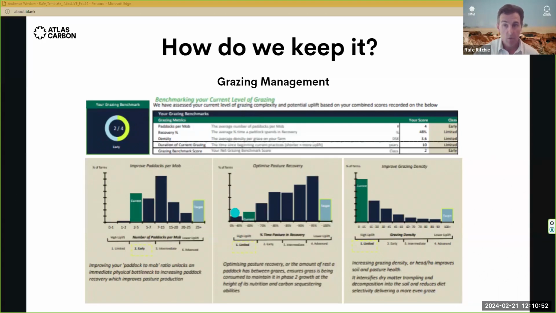If you look here, we get our ideal target, and hopefully you can see that, it's a bit blurry, but 25 plus paddocks per mob. But 20 is what we consider to be pretty handy, but 25, you're a bit of a rock star. That builds in time for your pastures to recover from being grazed.